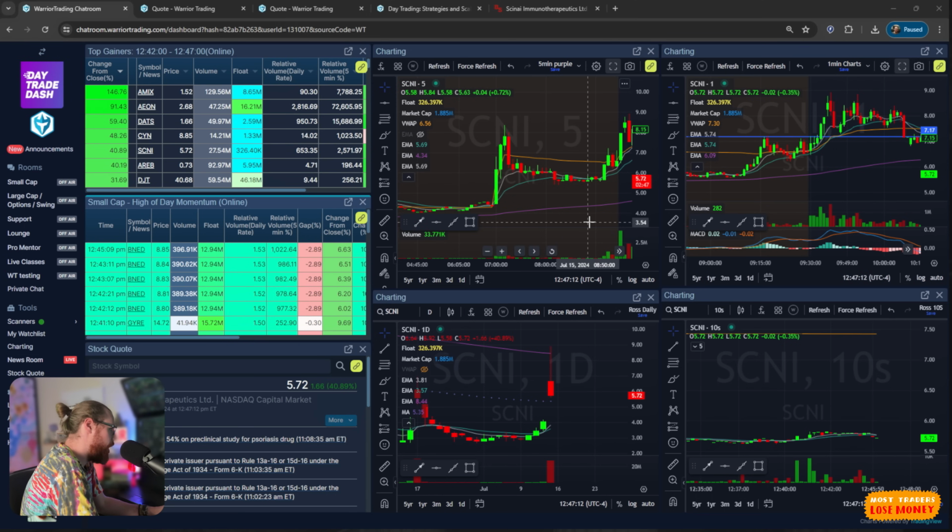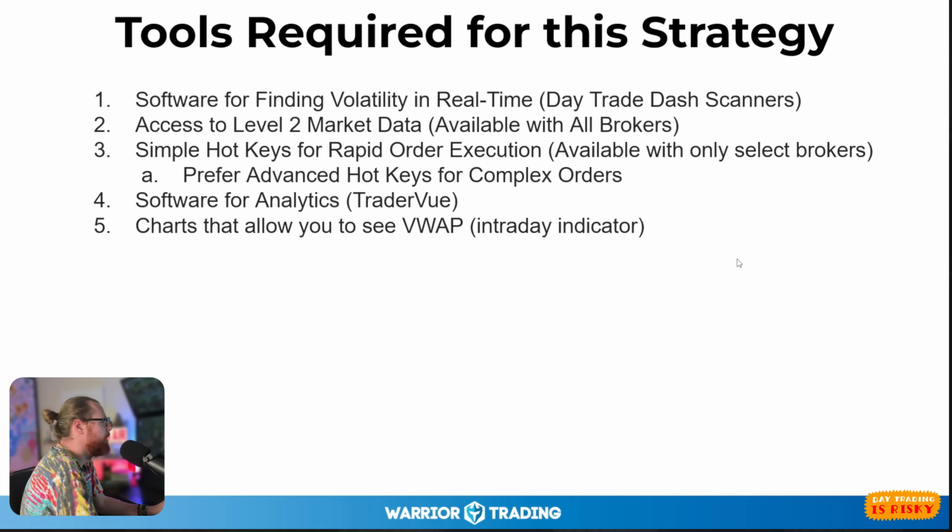You're going to need to have charts. Of course, you need to be able to plot where the volume weighted average price, the VWAP, is on the actual chart. And you're going to need a platform that's going to give you access to level 2 data. Watching the level 2 is actually what gave me indication to take my first trade for the break of VWAP, or the sub-VWAP trap, on SCNI, and you'll see that in a second.